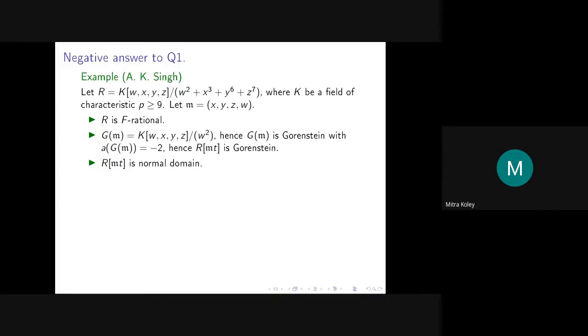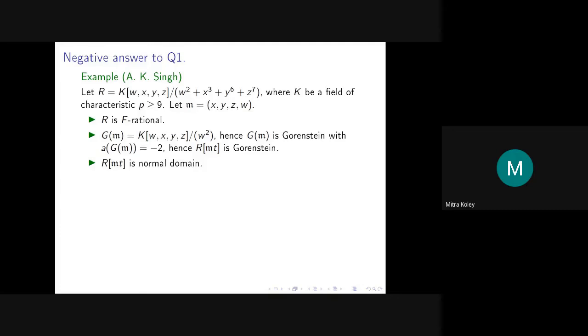Let R be a three-dimensional Gorenstein ring, K[W, X, Y, Z] modulo the ideal generated by W^2 + X^3 + Y^6 + Z^7, where K is a field of characteristic p which is greater than 9, and let m be the maximal ideal (X, Y, Z). Sorry, the characteristic is 11. I'm sorry, there is a typo. So instead of 9, it has to be 11.